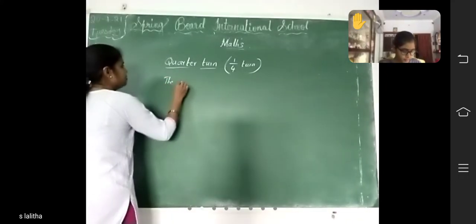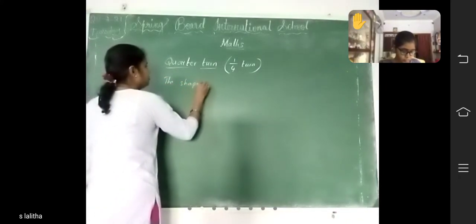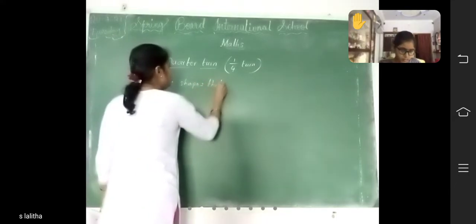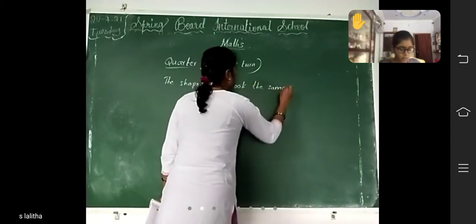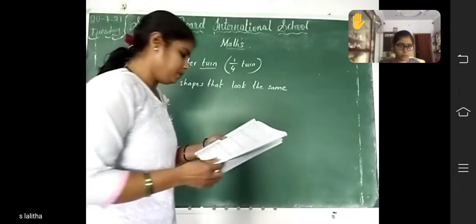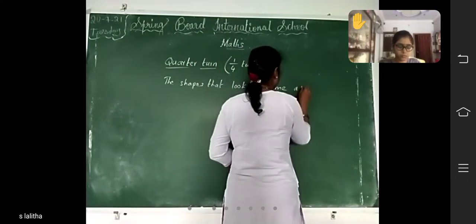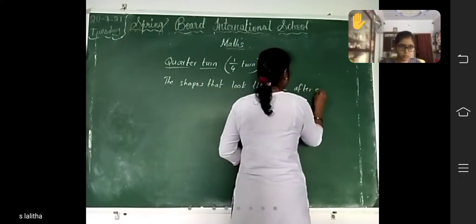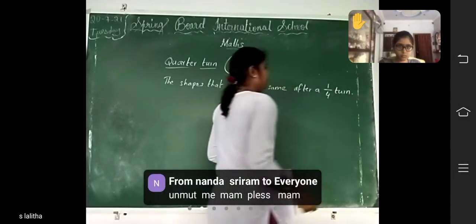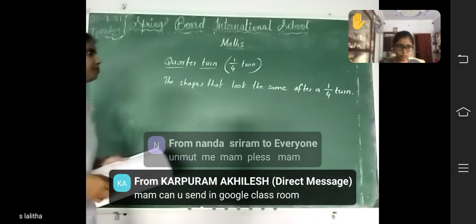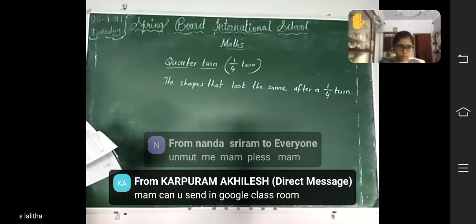The shapes that look the same after a 1/4 turn. Okay. Next one is half turn.